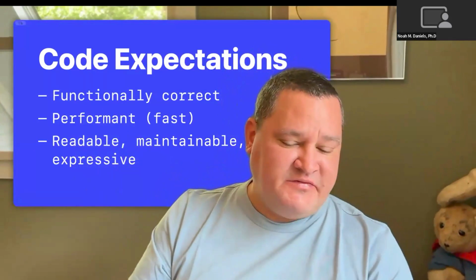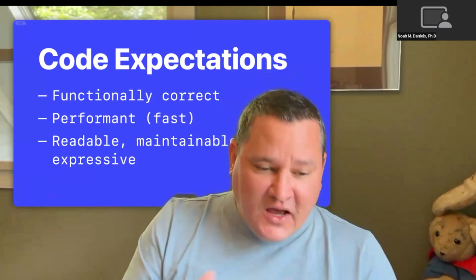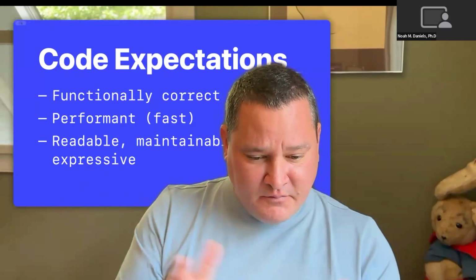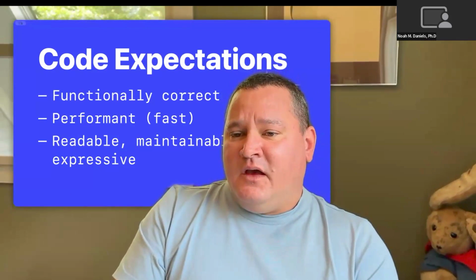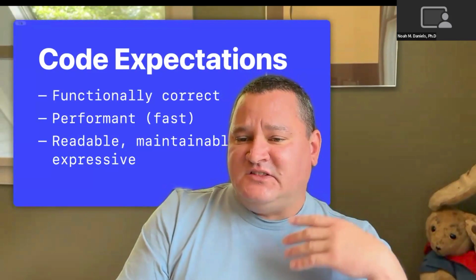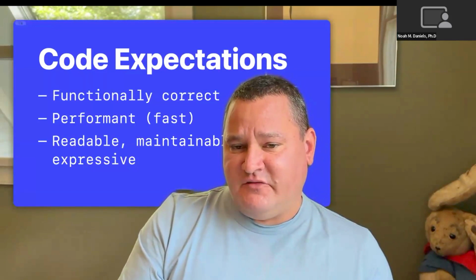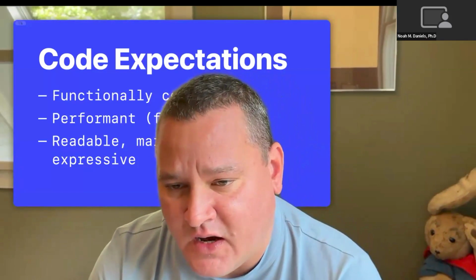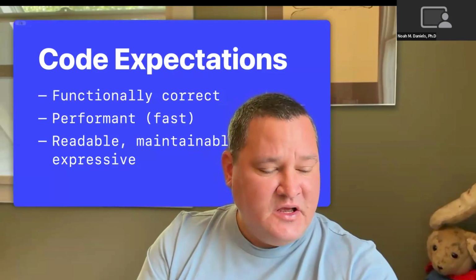This doesn't mean as fast as possible, but sometimes as fast as possible, or sometimes just meeting certain performance requirements. And it needs to be readable, maintainable, and expressive. And that last part is often ignored, that code is meant to be read by humans.